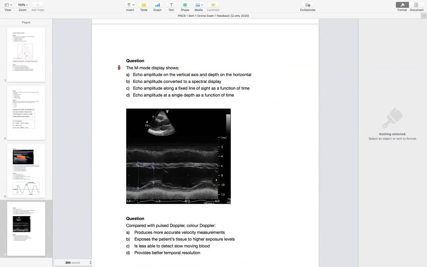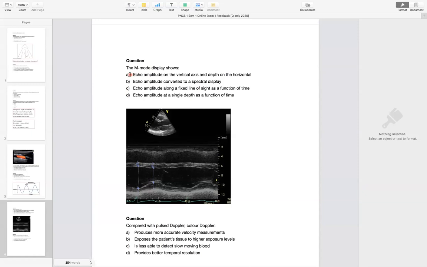This M mode question proved to be a little bit difficult as well. And the question is, M mode shows what? Echo amplitude on the vertical axis and depth on the horizontal, echo amplitude converted to a spectral display, echo amplitude along a fixed line of sight, or echo amplitude at a single depth as a function of time. Well, could it be A, amplitude on the vertical axis and depth on the horizontal?